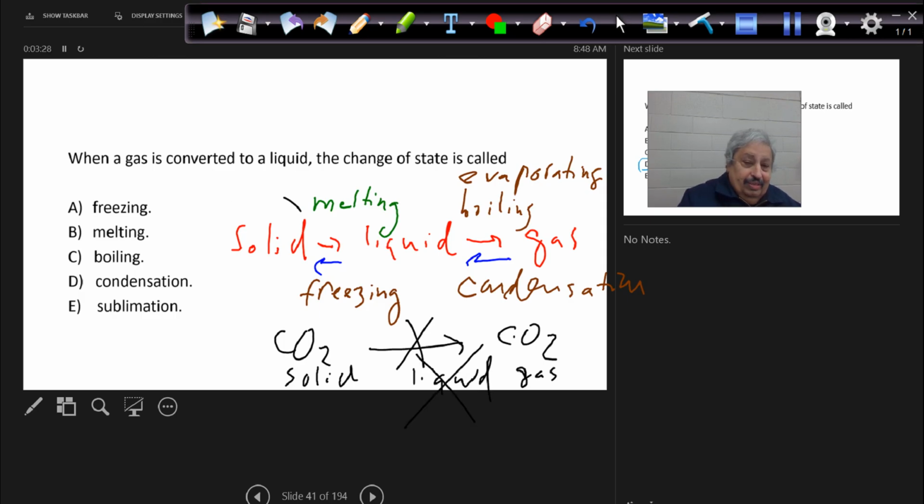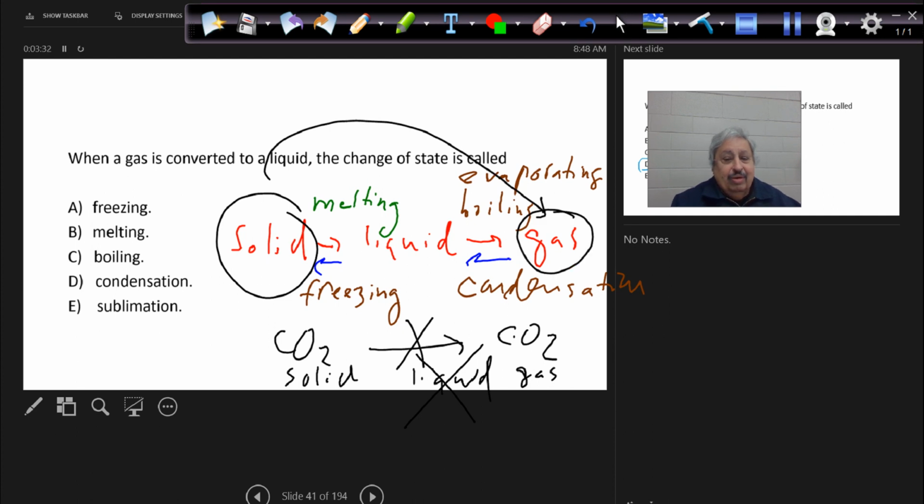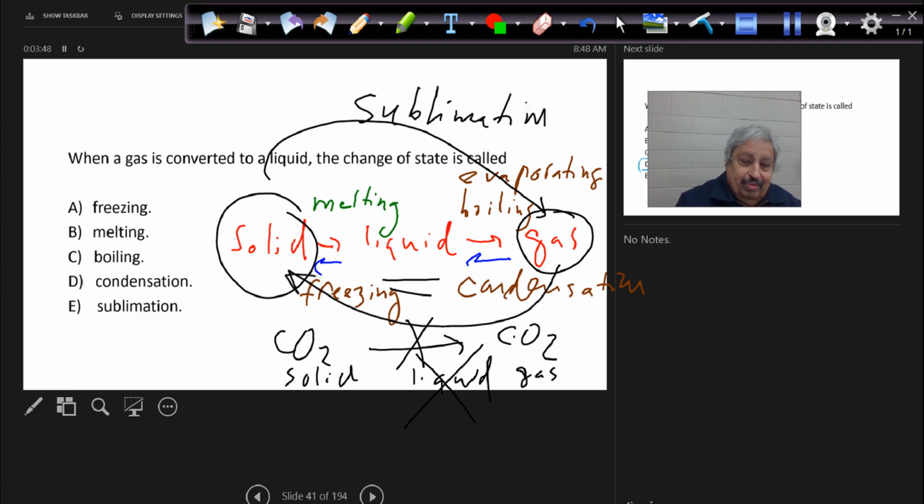So from solid to gas without going liquid. What do we call this process? Sublimation. What's the opposite way, from gas to solid? Deposition.